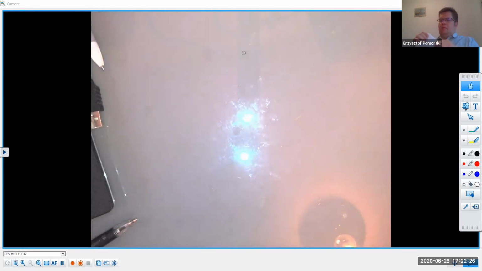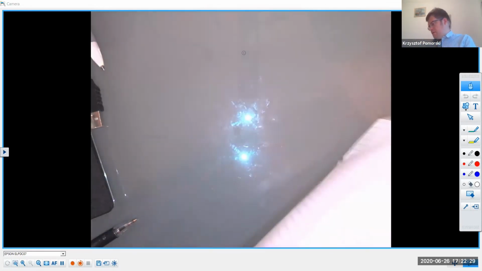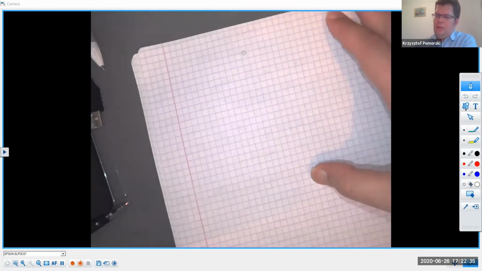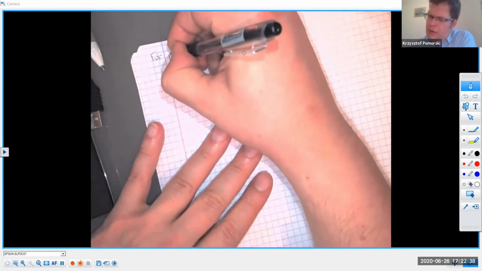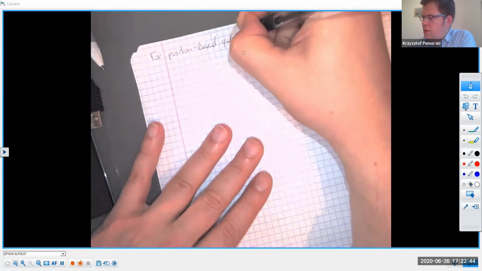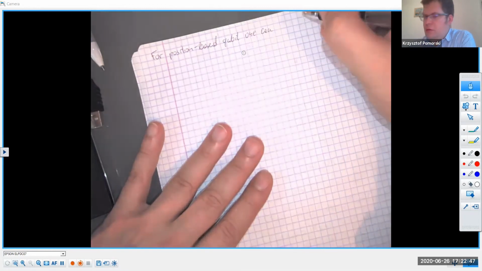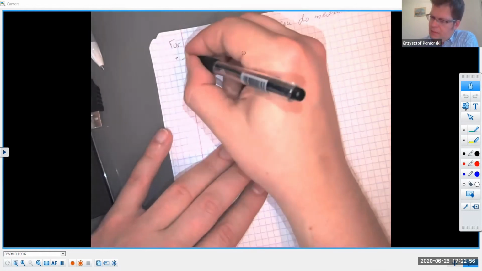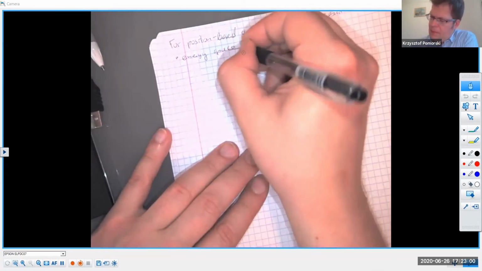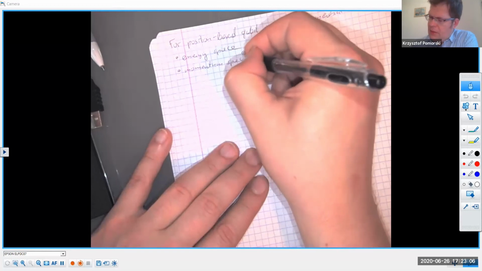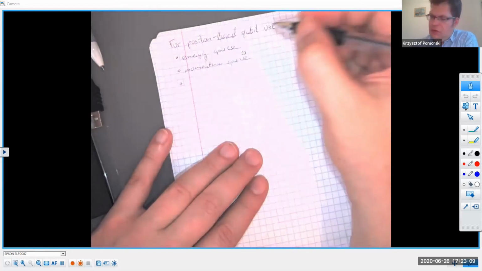So for a position-based qubit, one can do measurements in energy space, in momentum space, and in position space.